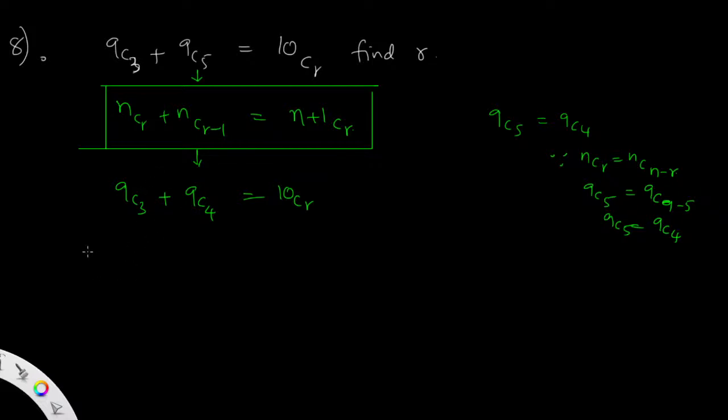So by application of the above formula, we get 9C3 plus 9C4 is nothing but 10Cr. nCr plus nCr-1: in the place of r here, this is nCr, and this is nCr-1, plus is there, then you write (n+1)Cr.